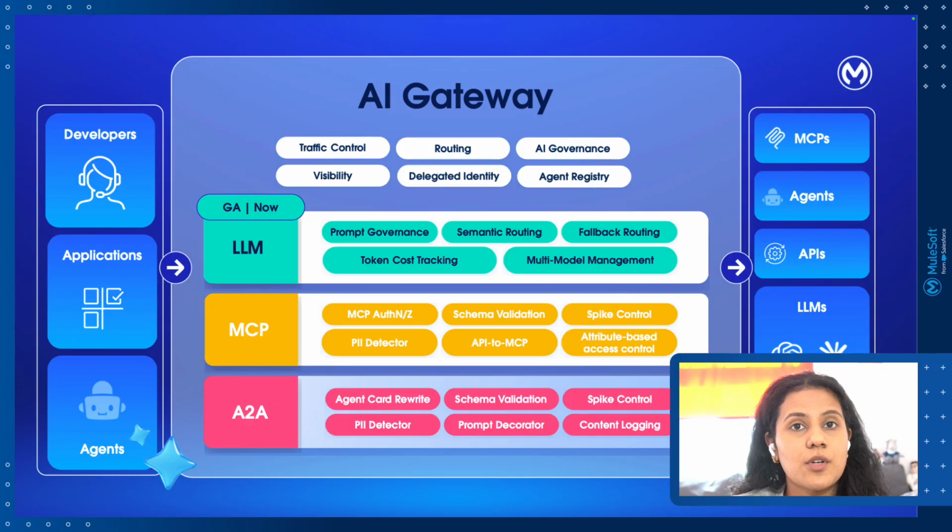At the same time, you can apply security and governance policies to these different API calls, MCP calls, A2A calls, or your LLM calls. And not just that, you can also manage your keys and your routing strategies at one place. So let's see how we can configure all of them and get started with AI Gateway.